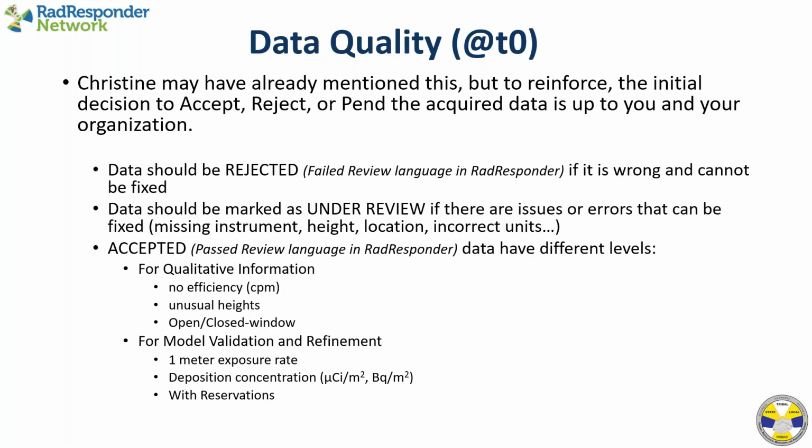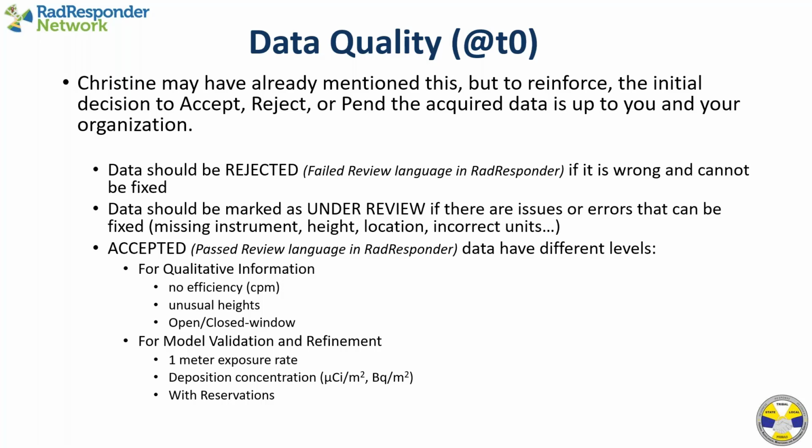If it's just for qualitative information, I'm going to look for unusual heights, and if it's an unusual height, that's fine. But if I'm going to use it for more quantitative purposes, then I'm going to start paying a lot more attention. Do I have the efficiency? Do I have a reliable height?